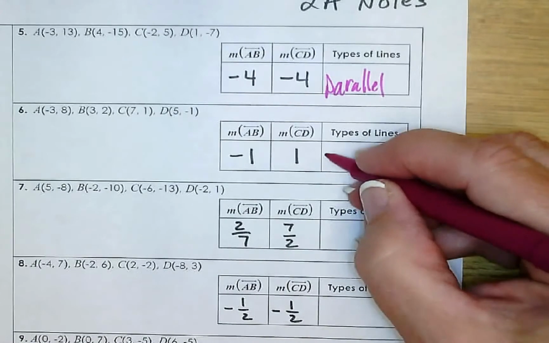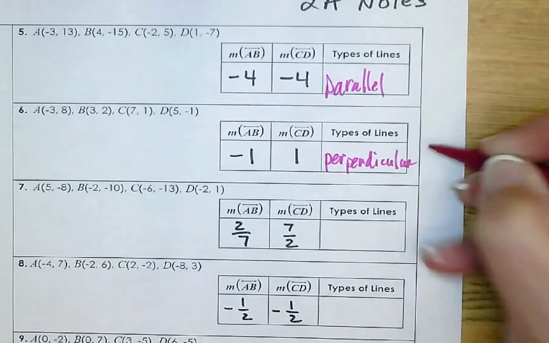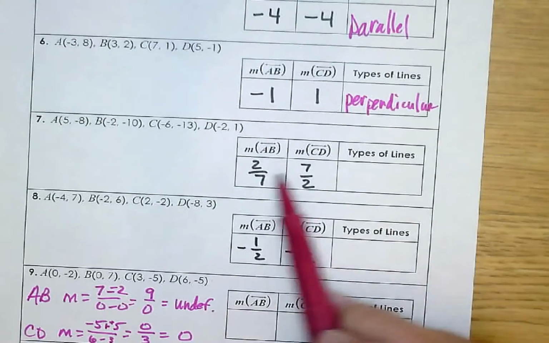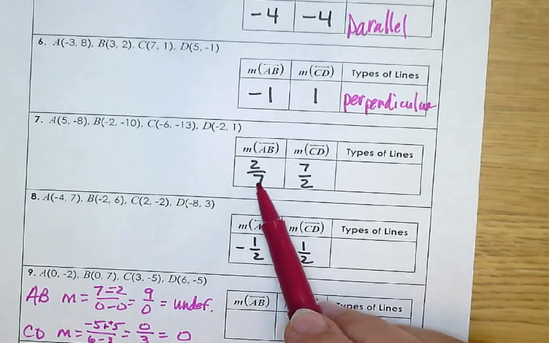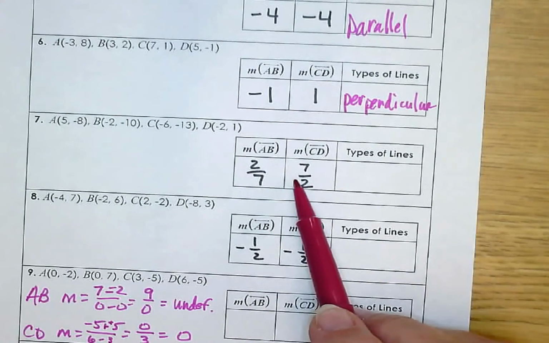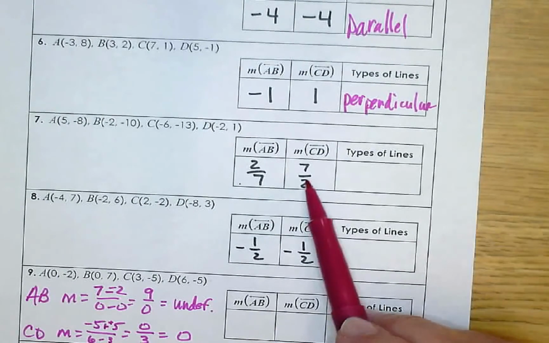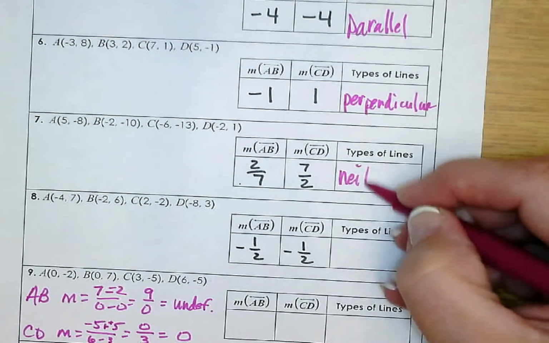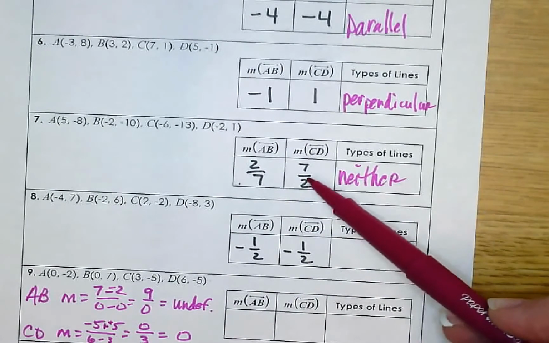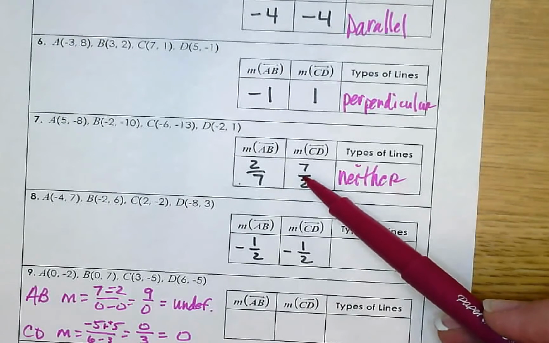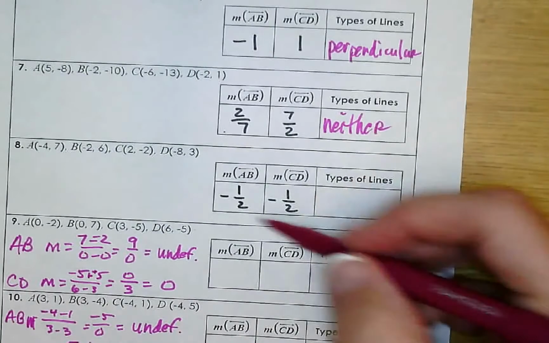So they are perpendicular lines. Seven, the slopes are shown here. It's 2/7 and 7/2. Are they opposite signs? No. Are they exactly the same? No. So this one would be a neither. While they are reciprocals of each other, they are not opposite signs, so it can't be perpendicular. -1/2 and -1/2, exactly the same, parallel.